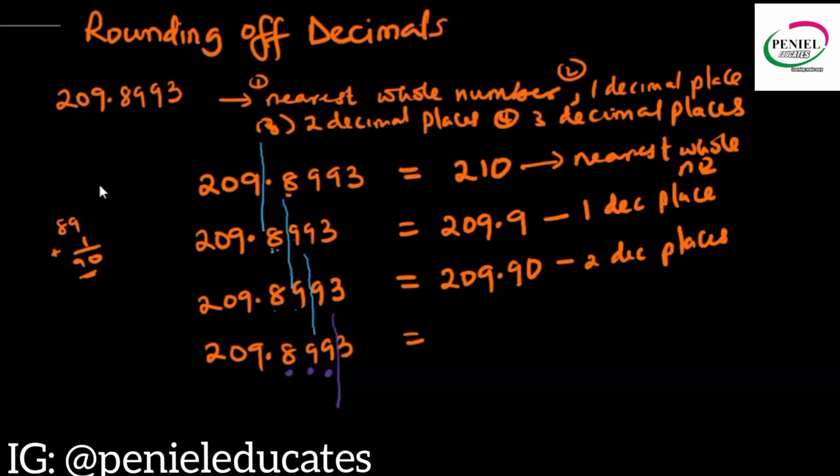It's not up to 5, so I convert this to 0. So what I have here is 209.899. It remains the same because I'm not adding any 1 to this. So that is 3 decimal places.